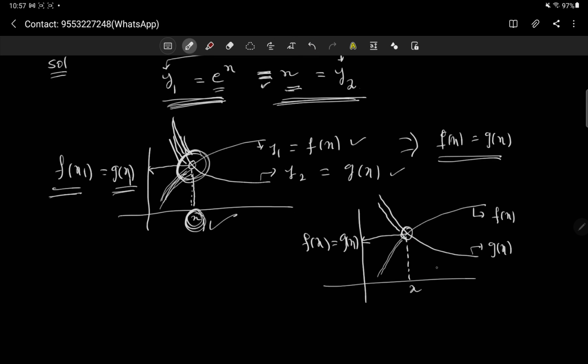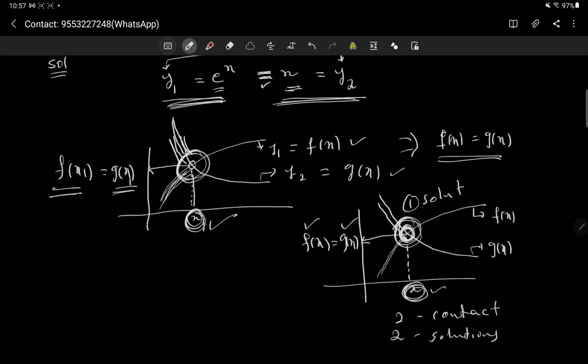When you have one point of contact we'll have one solution. When you have two contacts you'll have two solutions. Two solutions means two values of x satisfying both.